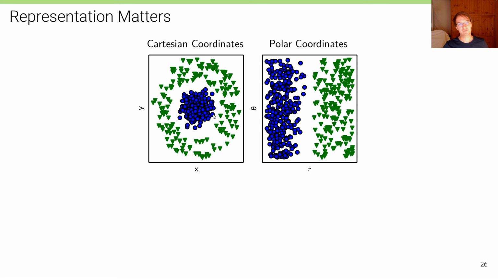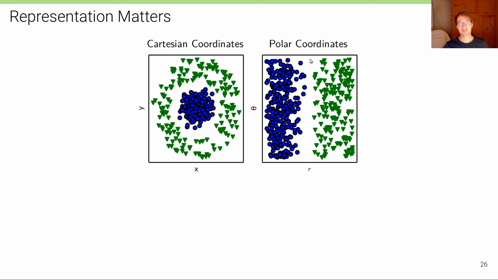However, if we transform this data set into the R and theta space, which is now in polar coordinates. So R is the radius. So we have a center here, and then we express each point in terms of the radius and its angle. Now you can see, in this case also two-dimensional, it's not a higher dimensional space, it's just another representation of the original input space.